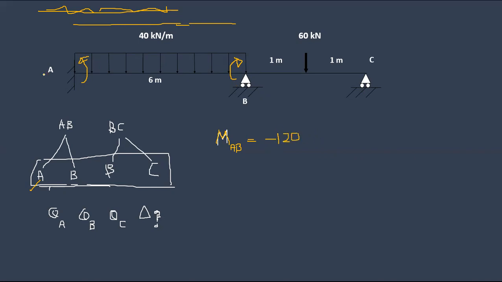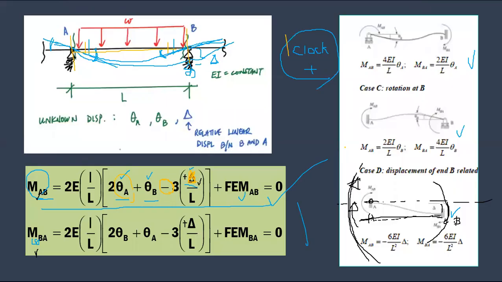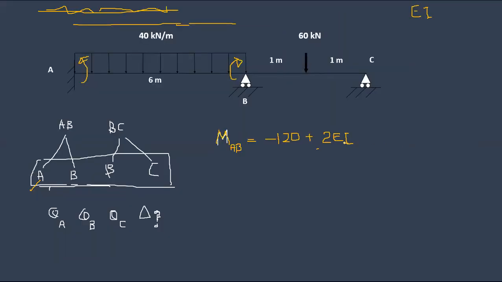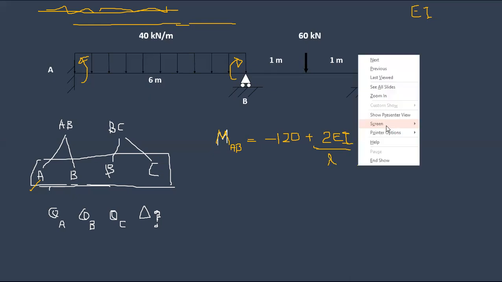The beam has the same EI throughout, otherwise you will have to substitute for that. This is 2EI over L. L is 6, right?